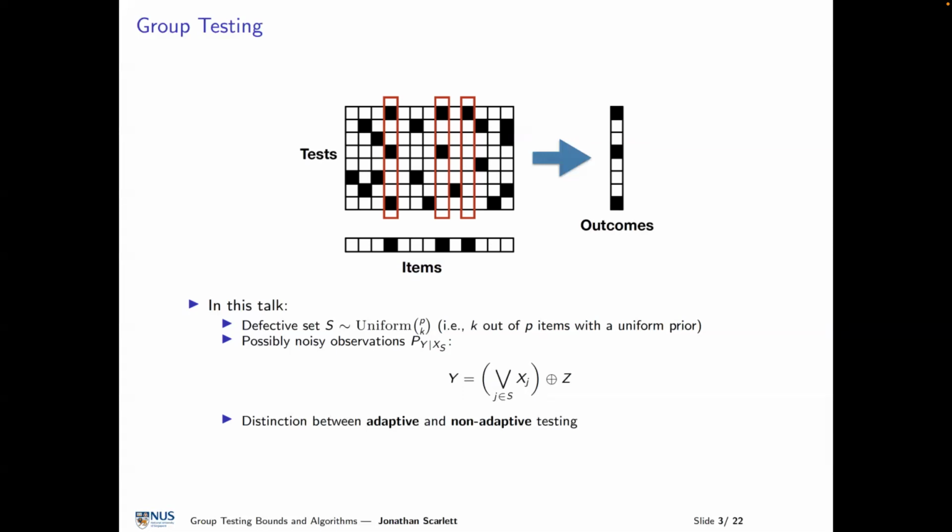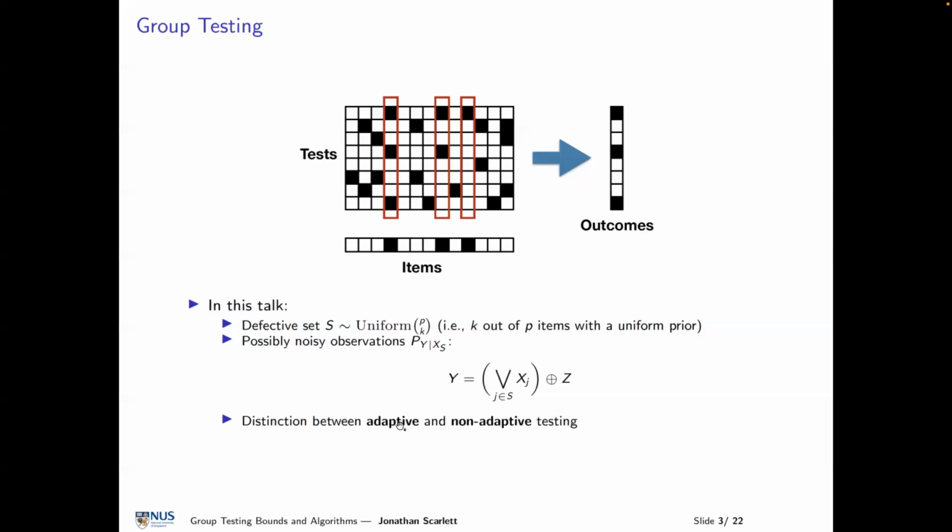If this Z was a Bernoulli, the test outcome gets flipped with some probability. And there are more sophisticated models as well. You could have things where the more defectives are in the pool, the more likely you are to get a positive, or things like dilution. If your test size is too large, maybe it dilutes the infection you're trying to detect and so on. But we're keeping things relatively simple in this talk.